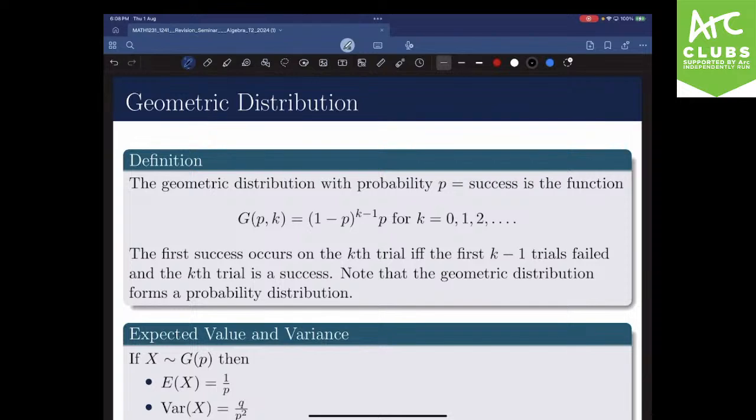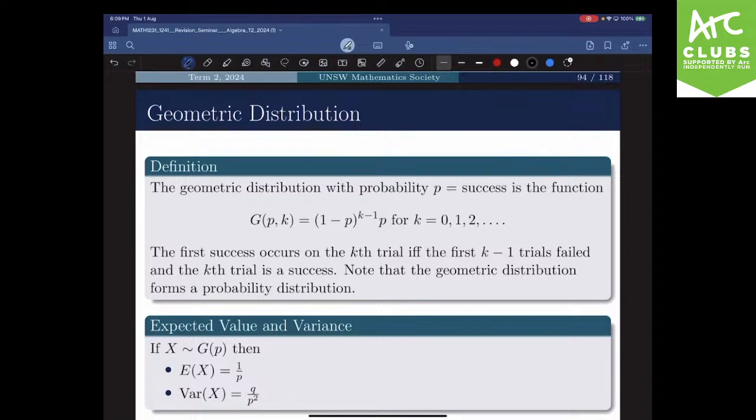So, for example, if I wanted to calculate the probability of getting my first success on the 4th turn, I'll just sub in k is equal to 4. If I want to find the probability of getting my first success on the 5th turn, I just sub in k is equal to 5. And that's essentially what it does. It gives you the probability of finding your first success on the kth turn.